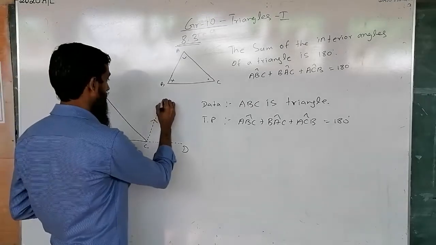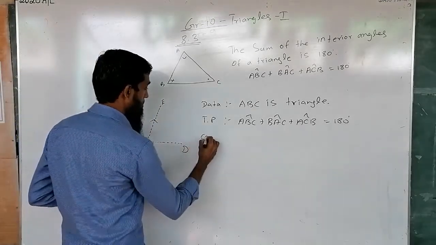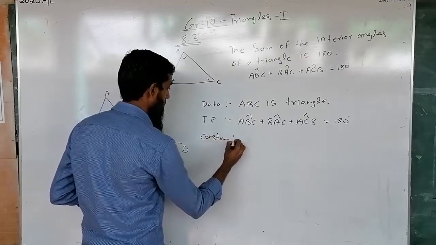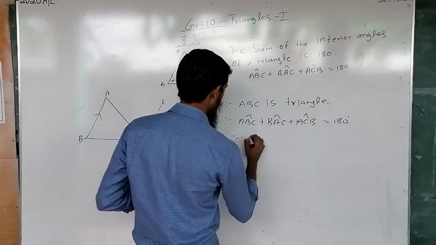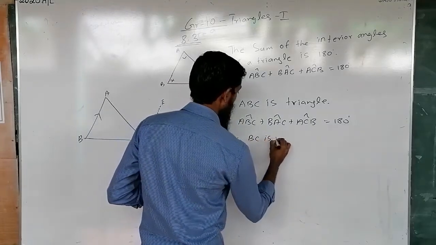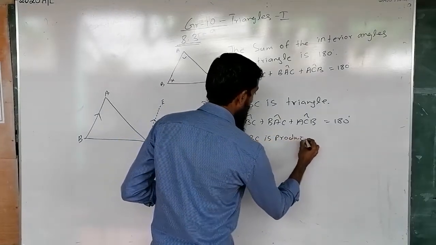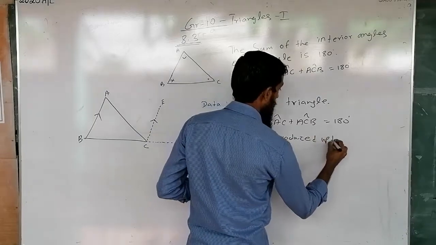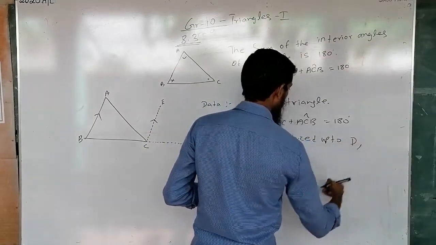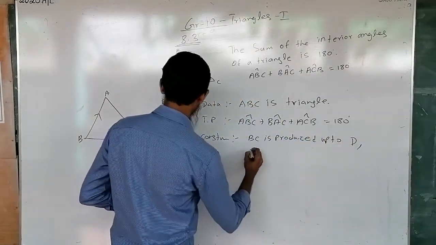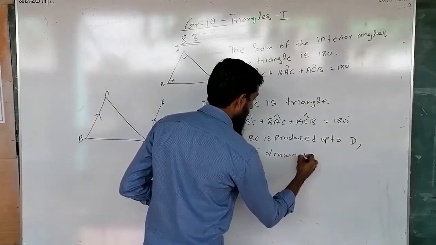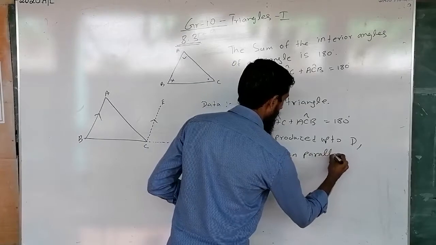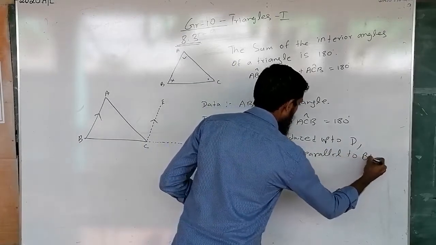We'll name it as E. So construction: BC is produced up to D and CE is drawn parallel to BA.